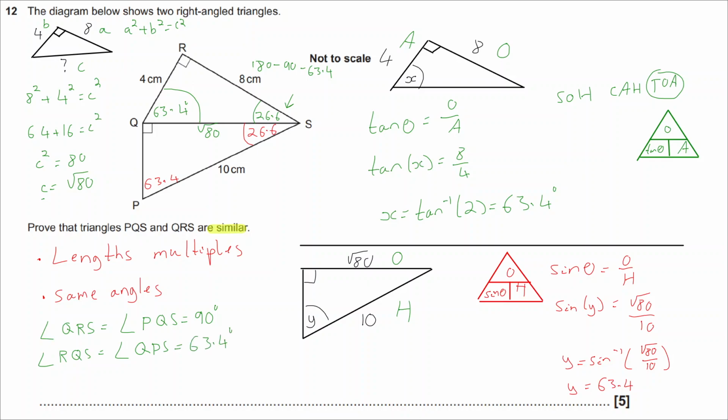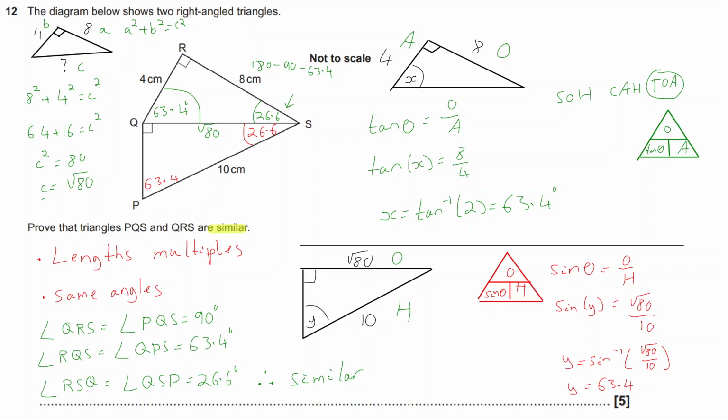And you've also got the last one, which is angle RSQ is equal to angle QSP, which is equal to 26.6 degrees. Therefore, the triangles must be similar because all of the angles are the same.